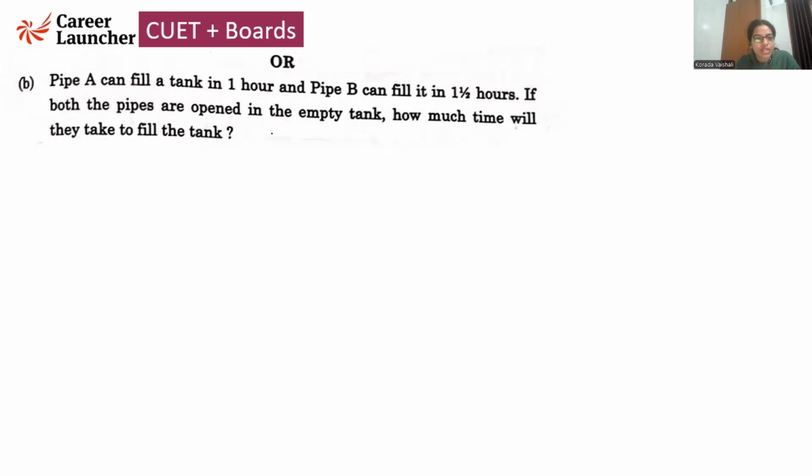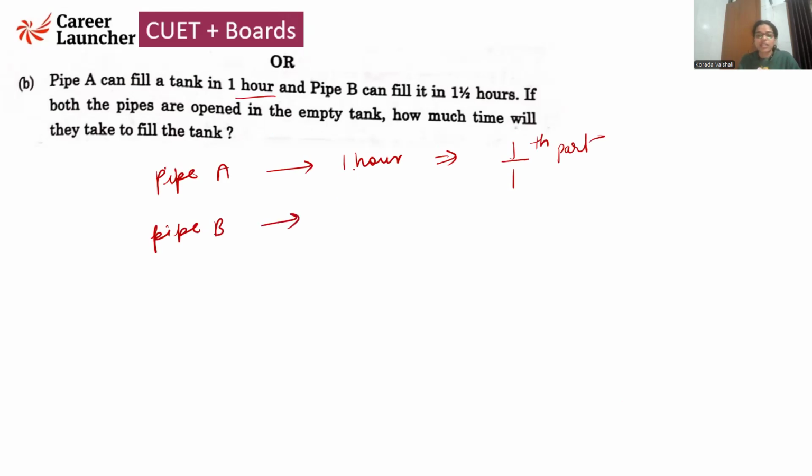Now the next one is: pipe A can fill a tank in 1 hour. So pipe A can fill in 1 hour, or I can say that it can fill 1 by 1th part of the tank, right? And pipe B can fill the given tank in 1.5 hours, or I can write this down as 3 by 2 hours.